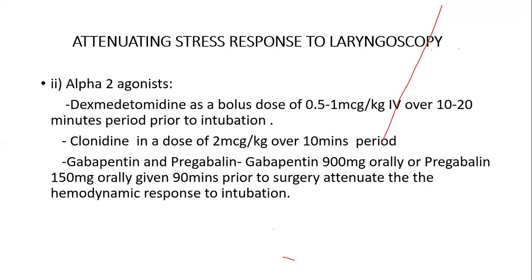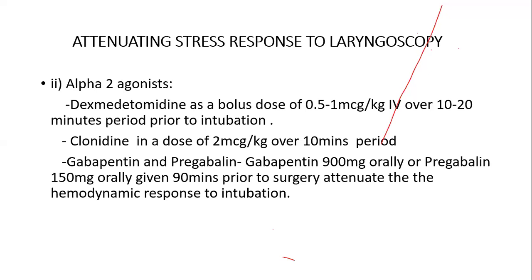Also, alpha-2 agonists are also a class of drugs. Like I said, they act to block the central mechanism. Examples here are dexmedetomidine, which is administered as a bolus of 0.5 to 1 microgram per kg intravenously over 10 to 20 minutes prior to intubation. Clonidine is administered at a dose of 2 microgram per kg over a 10-minute period.